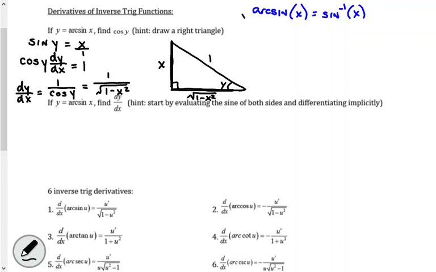And that's the derivative of inverse sine. 1 over square root 1 minus x squared. That's this. But it has u's instead of x's because of chain rule. Because if there's something inside for x, you have to take the derivative. You have to multiply it by the derivative of what's inside.